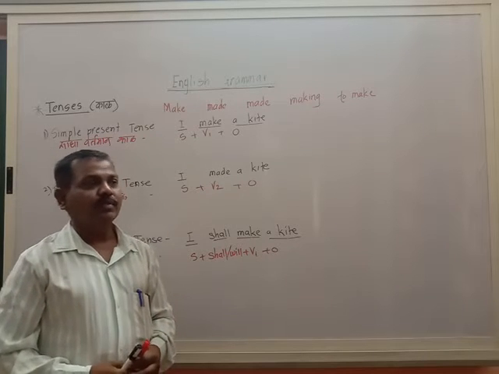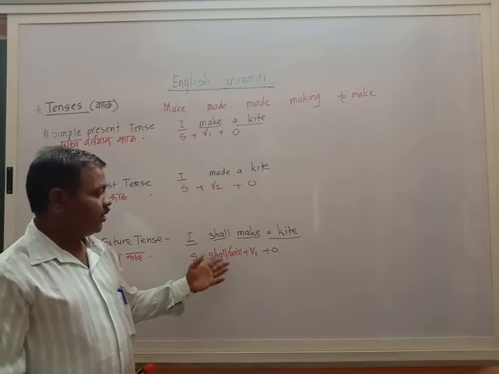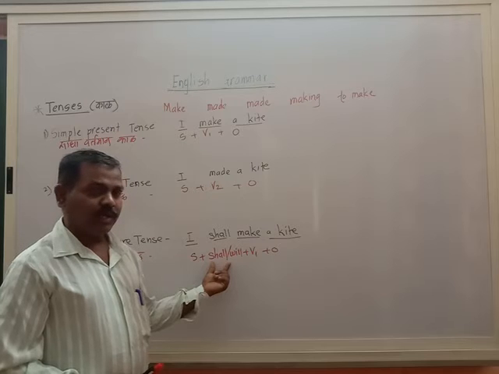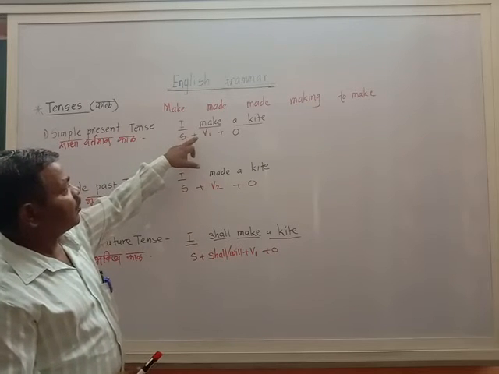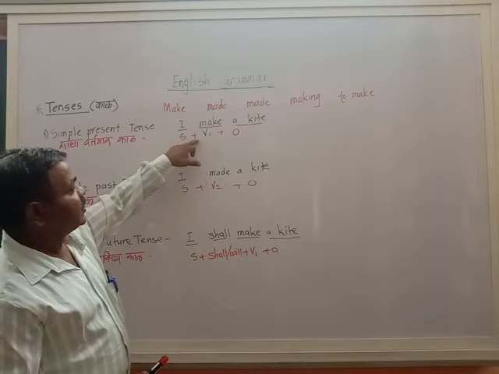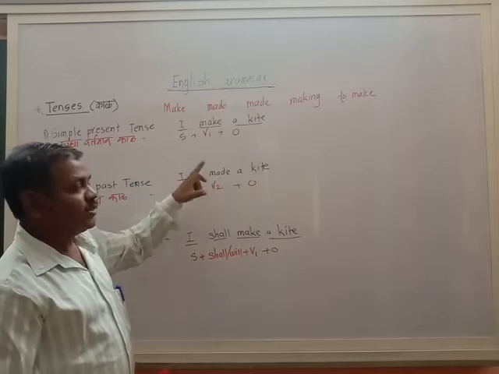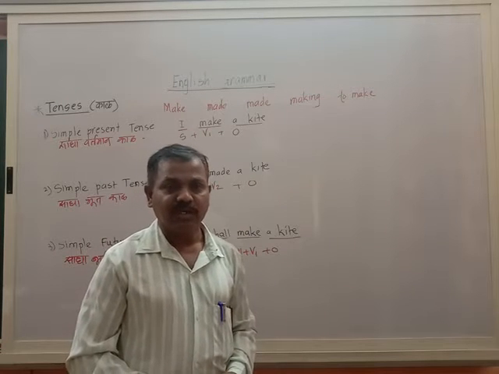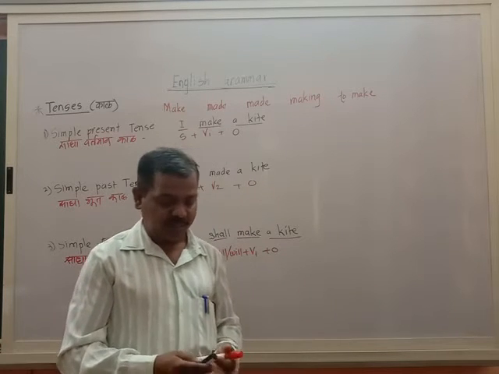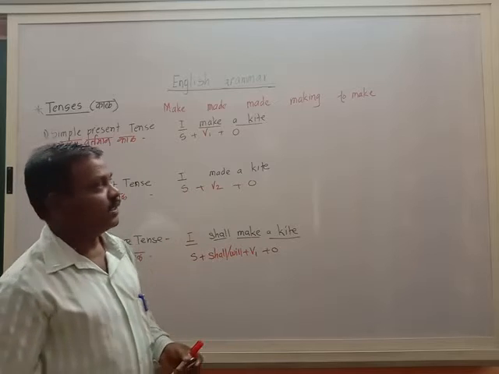In this way we shall use the auxiliary plus not or negation to tell the negative. But here you observe, in the simple present and simple past there are no auxiliaries, directly the main verb is there, and the question is, how to make negative sentences of simple present and simple past.